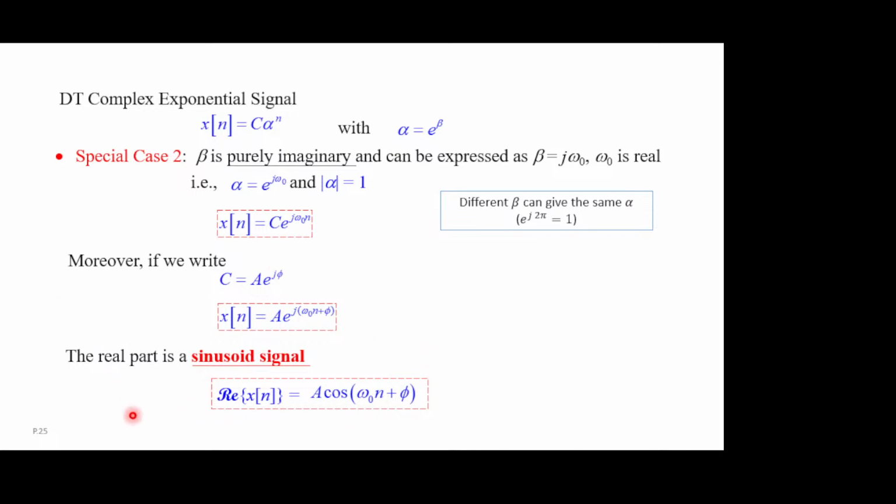And we can also decompose this into sinusoids. If we write c in polar form, then x of n will be this thing. So we can move the phase into the exponent, and if we take the real part, you will see a sinusoidal function, this cosine here. Okay?